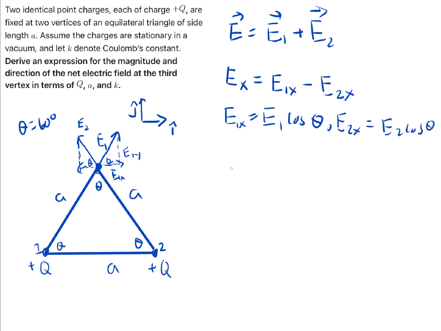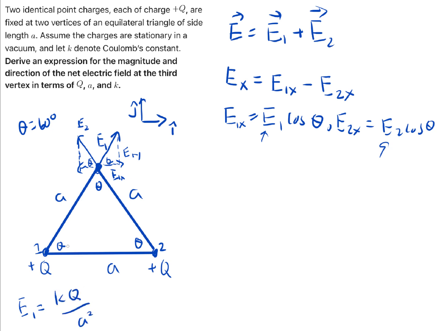First let's derive what E1 and E2 are. This represents the total magnitude of E1, and this is the total magnitude of E2 here. We get that E1 is equal to kq over a squared.